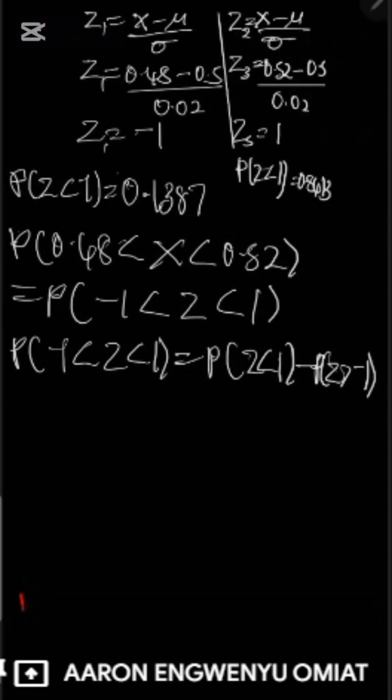Irene, you continue to tell us what to do. We already have the probability of z less than 1. How do we find the probability of z greater than -1?